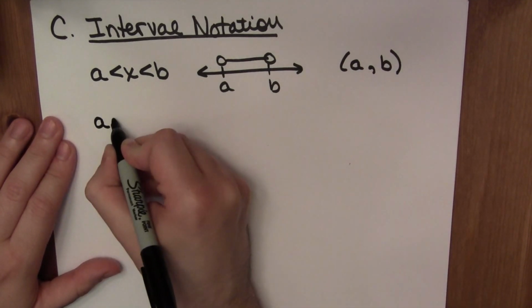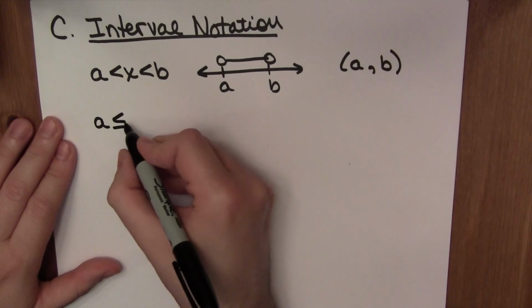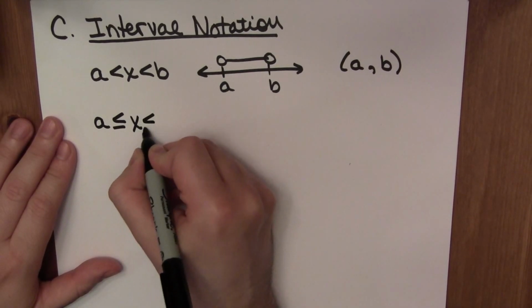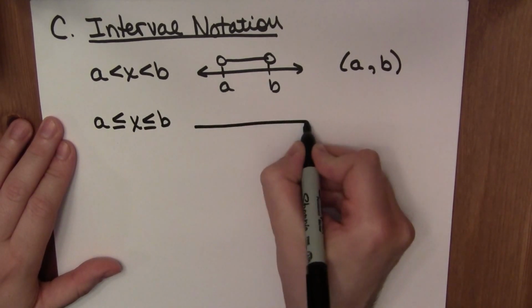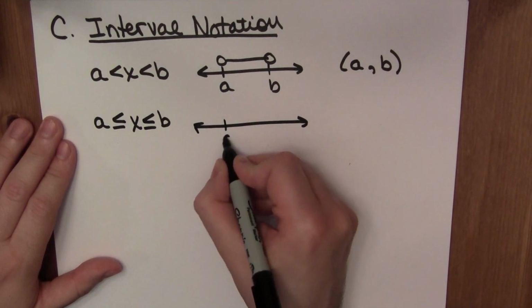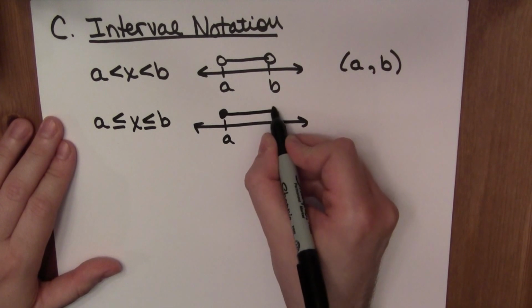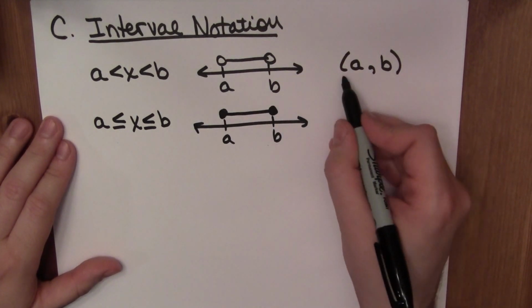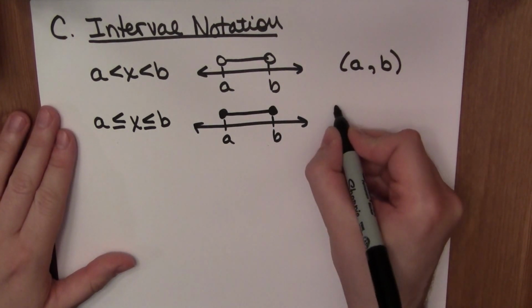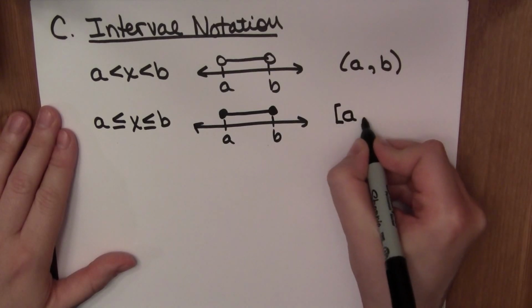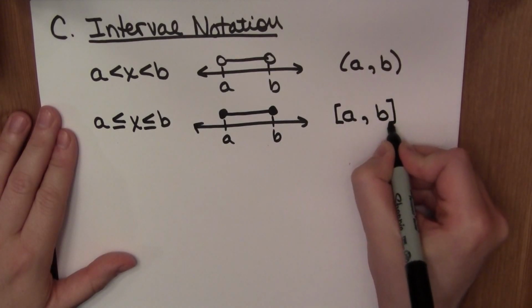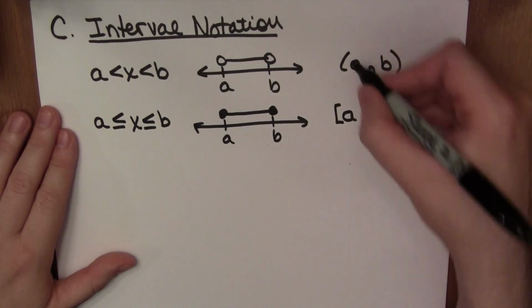If instead I had an inequality like a is less than or equal to x, less than or equal to b, on my number line, it would look like this. And to show this in interval notation, rather than using parentheses, I'm going to use a bracket to symbolize that those endpoints are included in my interval.